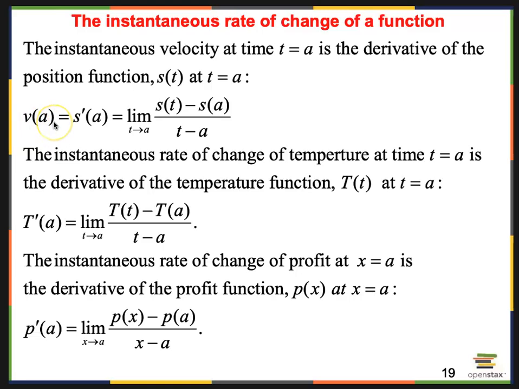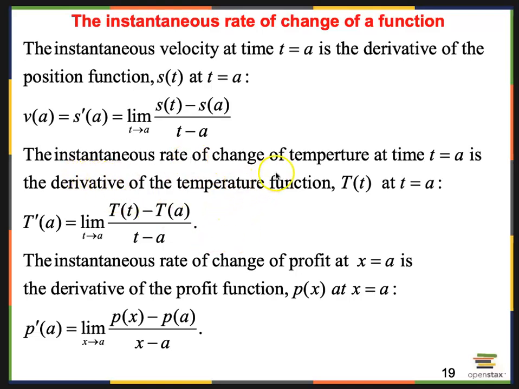V of a is velocity, which equals the derivative of the position function. So instantaneous velocity, again, is a derivative of the position function, which is the limit of the difference quotient as t approaches a: s of t minus s of a over t minus a. So instead of f of x, we're using s of t, just variables, just notation.